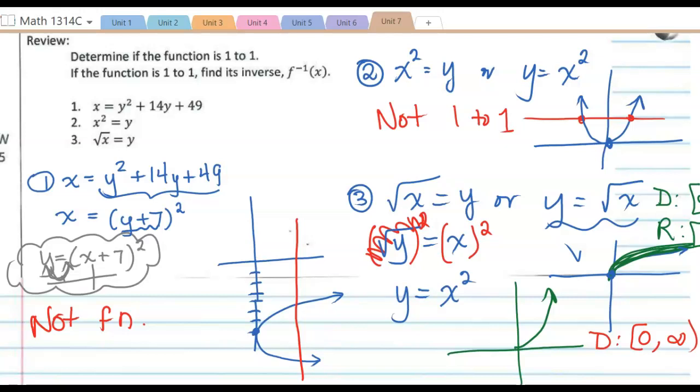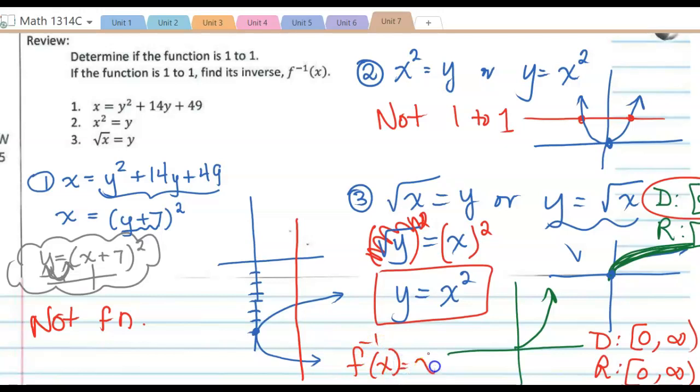For the range, we also want it to be from 0 to infinity, and we can see that that does happen for this graph. So this is our inverse. Our inverse of our function of f of x will be x squared, but it will also have the domain restriction from 0 to infinity.